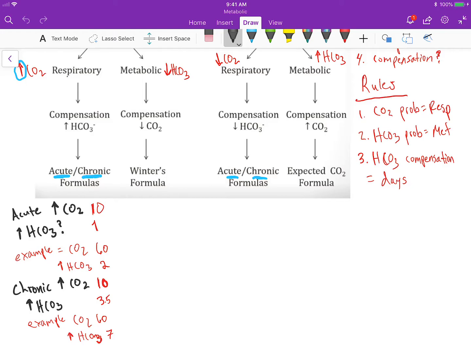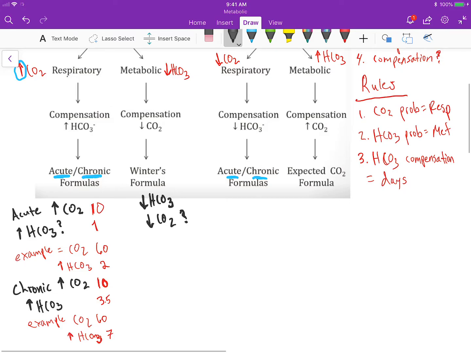By definition, metabolic acidosis is a decrease in bicarb. What are we going to expect the change to be by the body? Well, always in the same direction, so the change should be a decrease in CO2. The question is by how much? How much should the CO2 decrease?